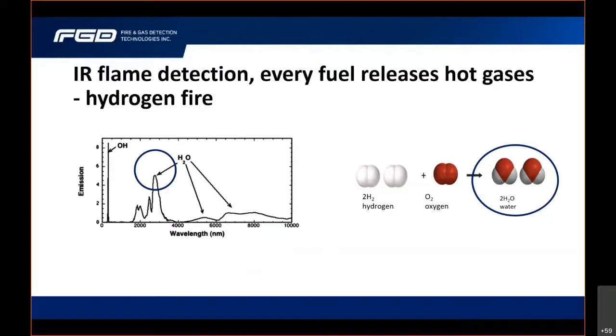The IR detectors on the market that are being used for hydrogen flame detection will still work at the 2.7 with two guard bands that are looking for those false alarm sources. So what we actually have today are devices that are much more immune to false alarm than UV devices, and also they're more capable of withstanding optical contamination.